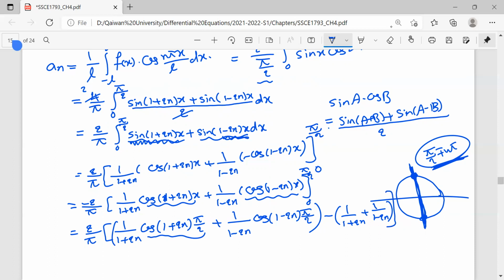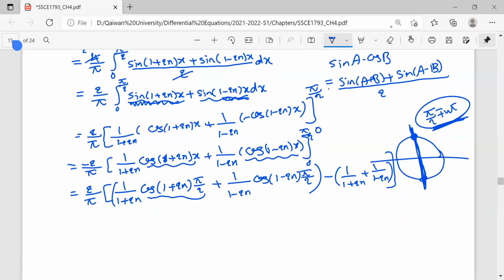Now, this is 0 and this is 0. So we get minus 2 over pi times minus 1 over 1 plus 2n plus 1 over 1 minus 2n, with this minus also.